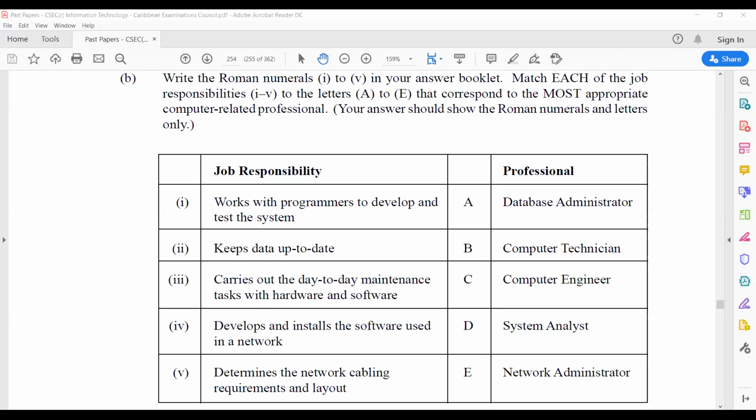Are we using fiber? Are we using twisted pair? Those decisions will be made by the network administrator. That's how you get 5. So where it seems that there are multiple answers, you have to analyze the question even further and look for differences. All right, let me get another one related to this for you.